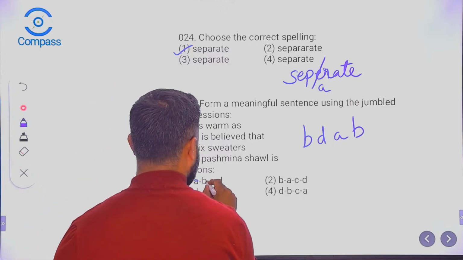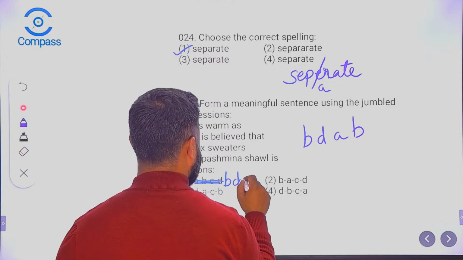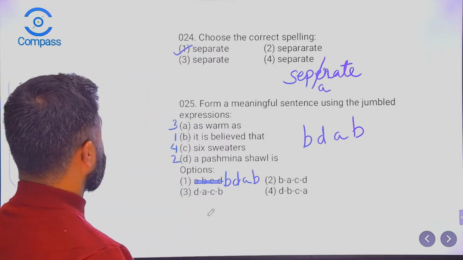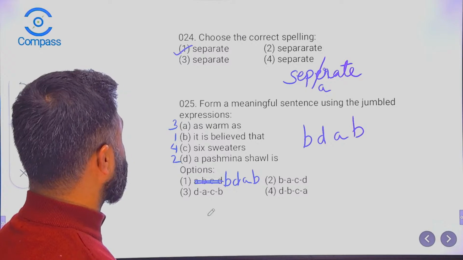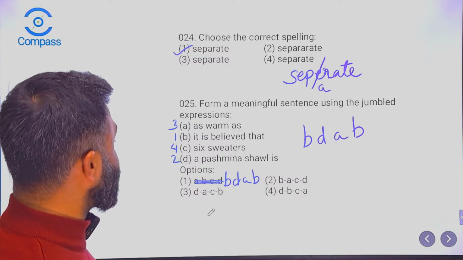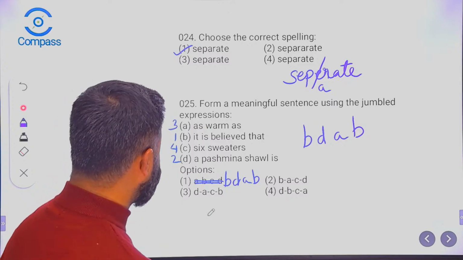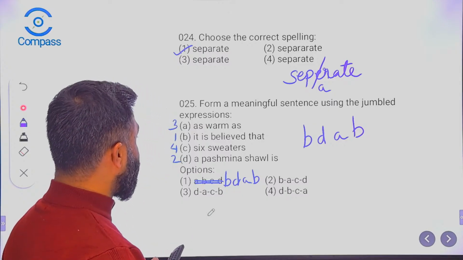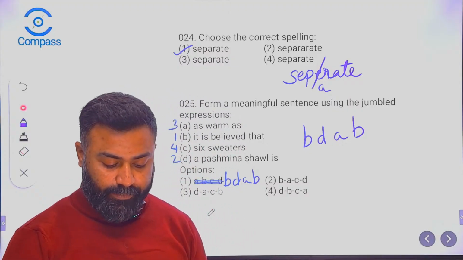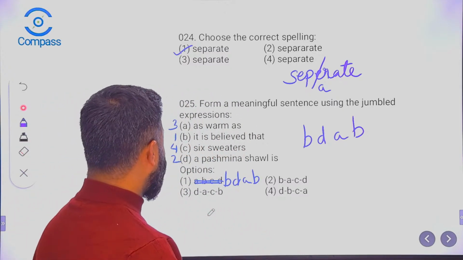Let's write down here B, D, A, and B. Okay. So that's the correct sequence, and this is what a meaningful sentence looks like. It is believed that a pashmina shawl is as warm as 6 sweaters.